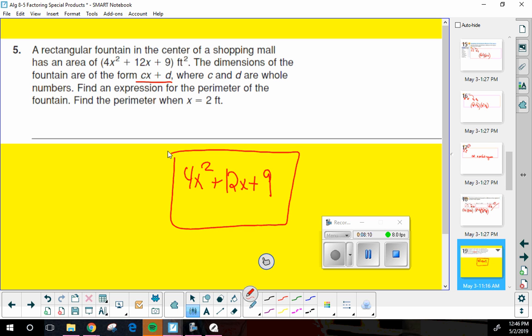Well, if I factor it, I see that that's 2x, that's a 3, and let me see, 2 times 2x times 3. Oh, so the length of each side would be 2x plus 3.